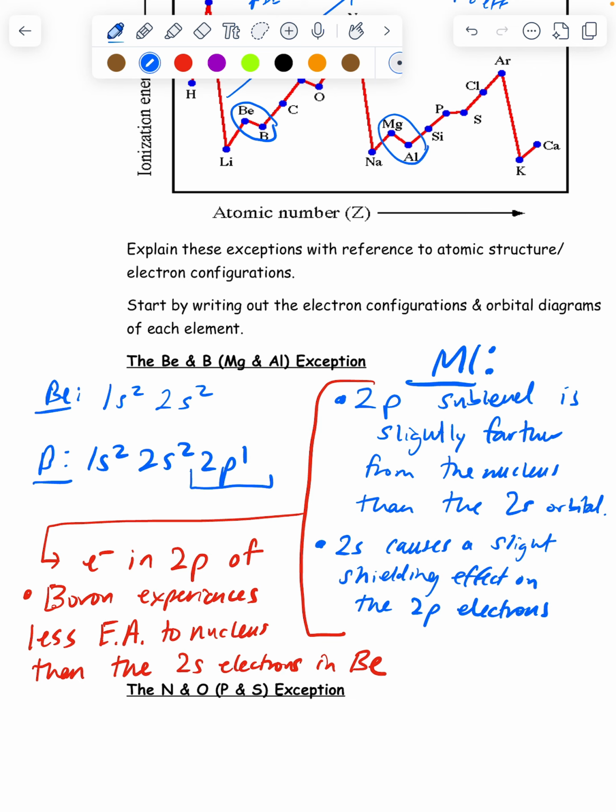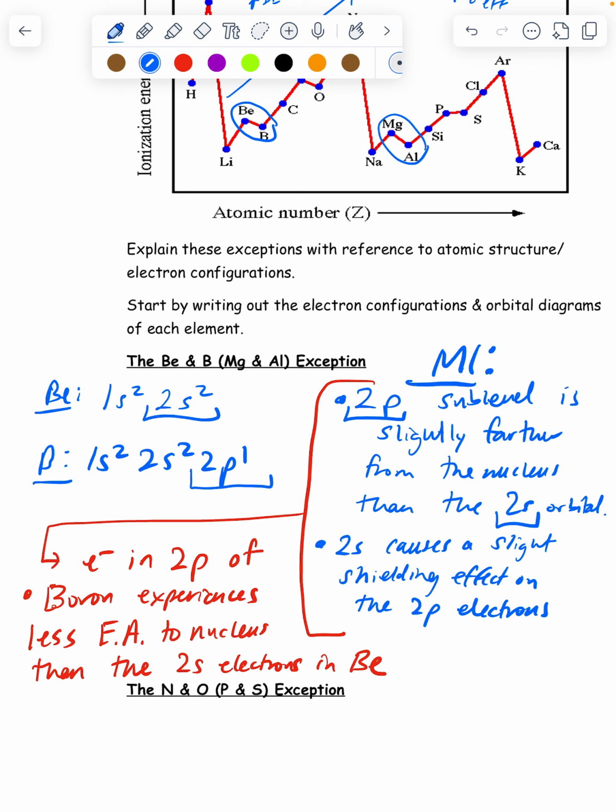You could probably also write out the configurations to help you, right? But pointing out very specifically, this is the difference between 2p and 2s. So something about how there's a difference in the distance, or something about how the 2s shields the 2p very slightly. Either one of those reasons could be given for why the 2p electron in boron is less attracted to the nucleus.